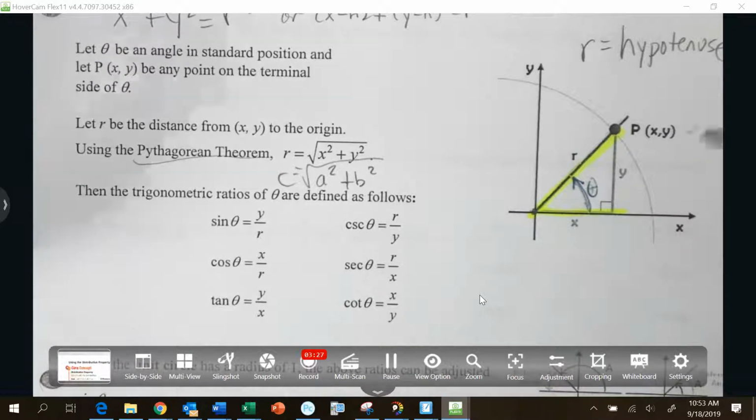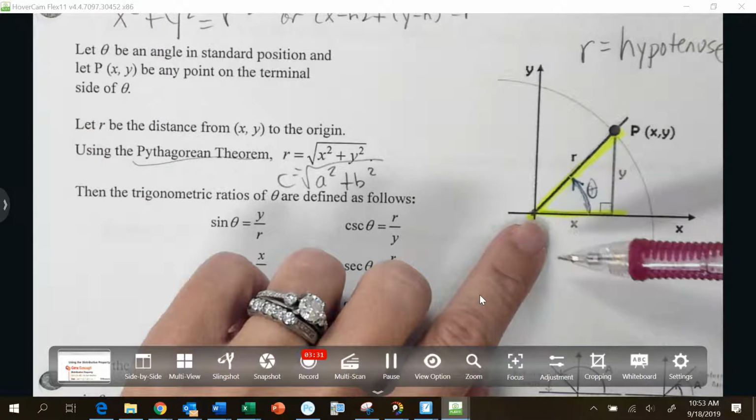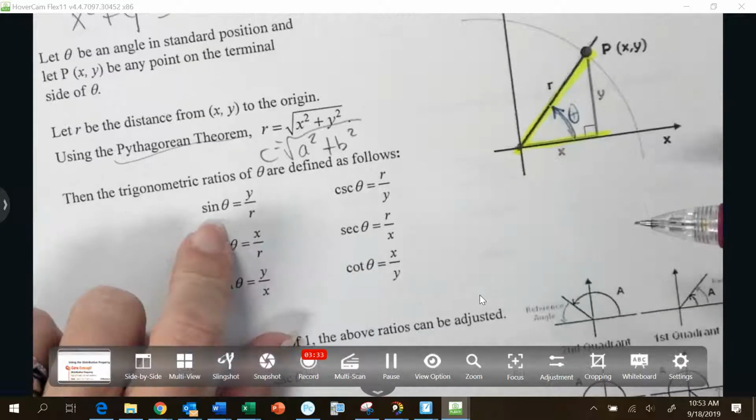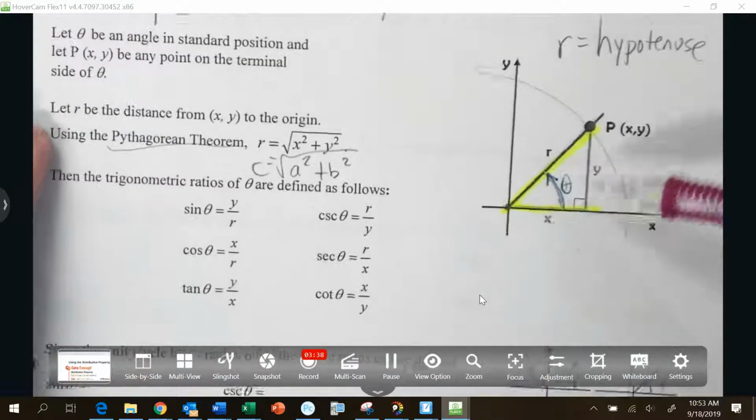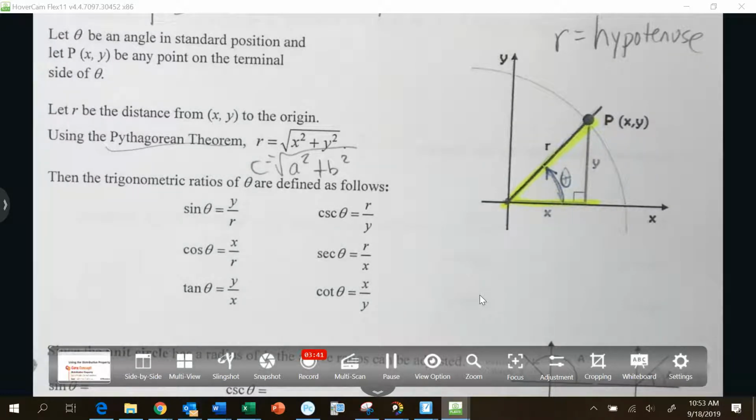Now, because I am putting it on an xy chart, we can now have our sine and cosine and all of our trigonometric ratios values using x, y, and r instead of using opposite, hypotenuse, adjacent. So I'm not using those words anymore. I'm now using x, y, and r.